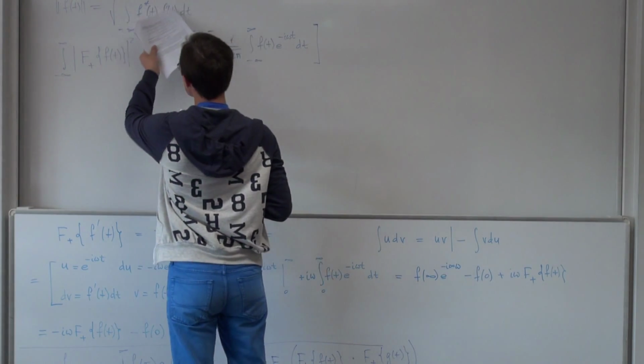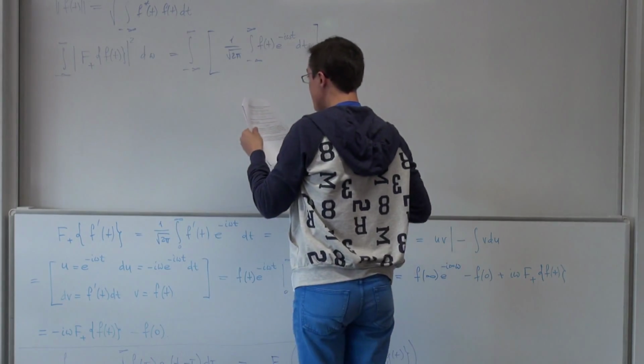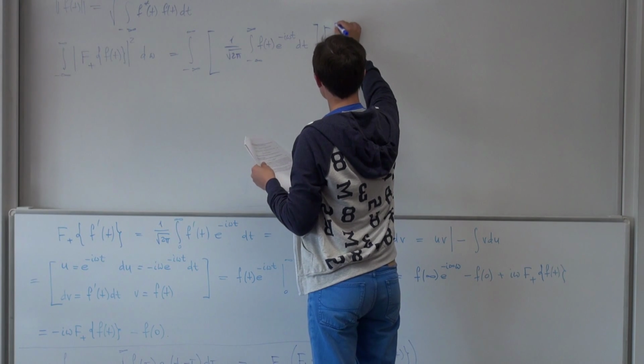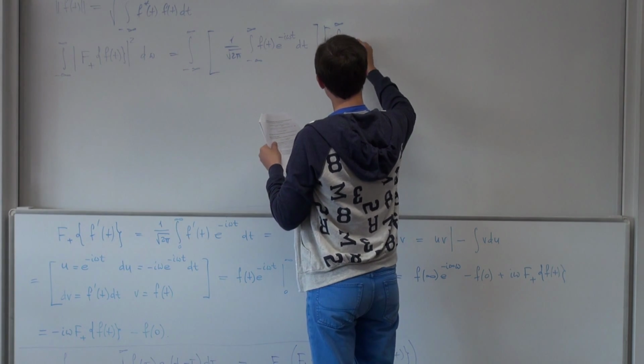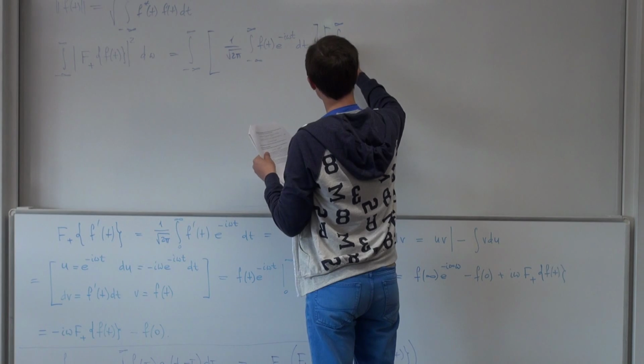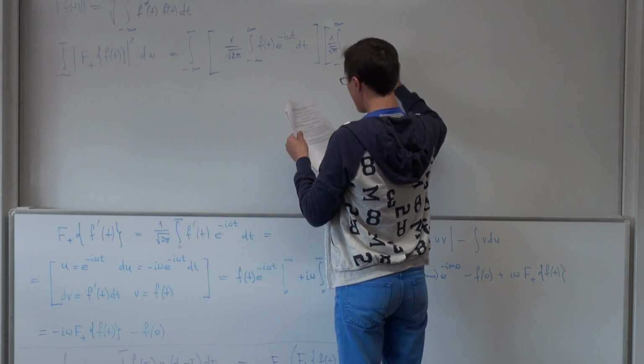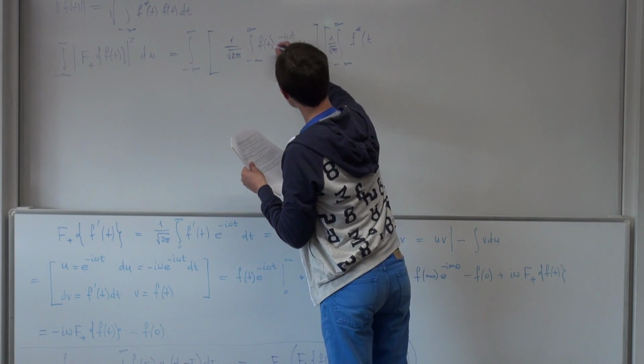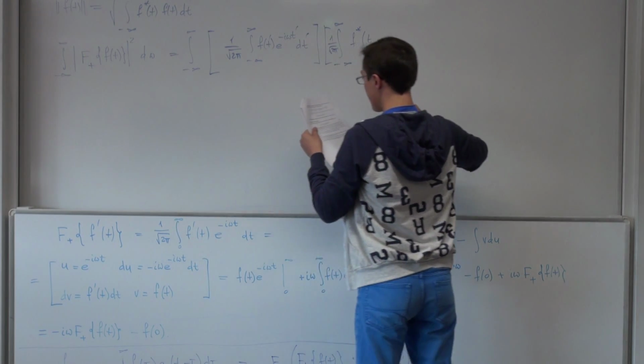So that's the f. Let's now do the f star. Another integral from minus infinity to infinity, 1 over root 2 pi in front, f conjugate of t prime here everywhere.